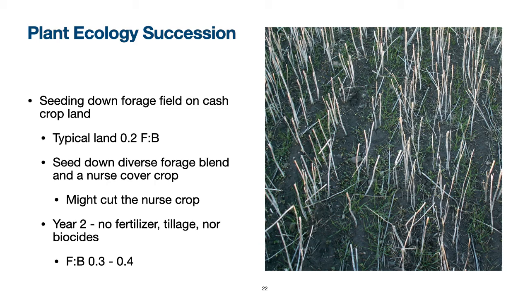So in year 2, we're not going to add any fertilizer, we're not going to do tillage, we're not going to use any biocides, and what will happen is, because we haven't disturbed it, we're going to build more fungi in that soil. That fungi is going to move our ratio up to 0.3 or 0.4. By doing that, in year 2, we will see very few weed outs. We'll see very few cleavers.